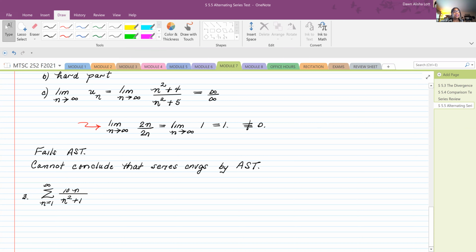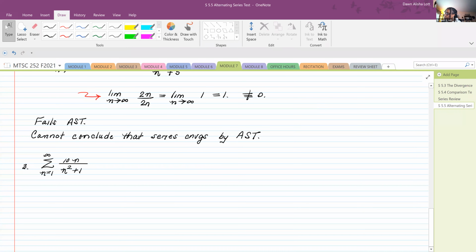Oh, I forgot my -1 to the n. So (-1)^n times 10n over n squared plus 1. Okay, so when I look at this, I get U_n is 10n over n squared plus 1.